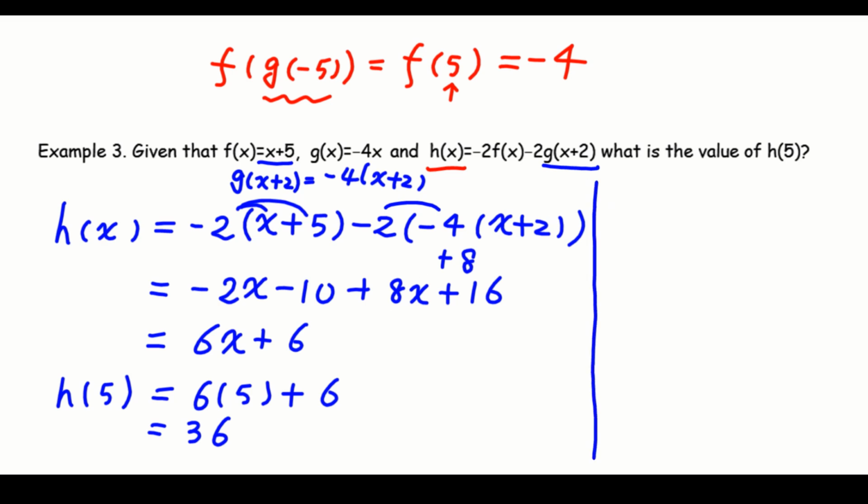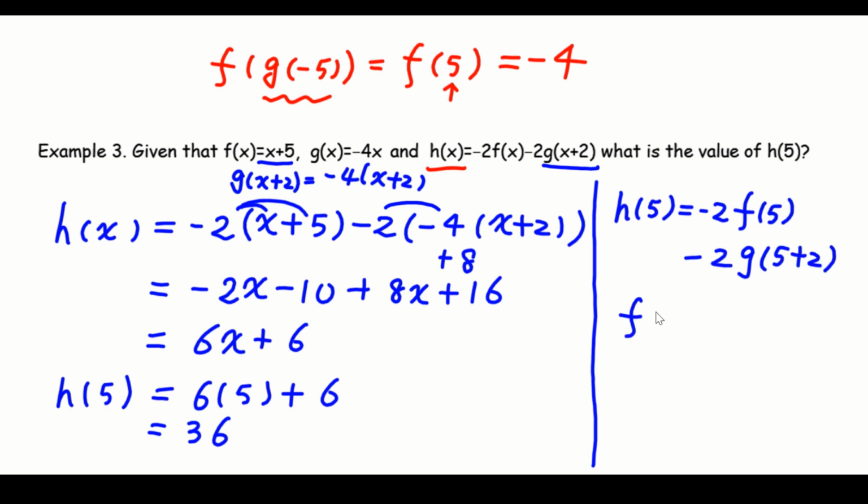Another way you could do it is h at 5 is connected to -2. We sub in the 5 right away. Then -2 times g, 5 plus 2. So what you have to find is f at 5 and g at 7. Then sub it back. So 5 plus 2 gives you 7. For f at 5, we put in 5 plus 5, which gives you 10.